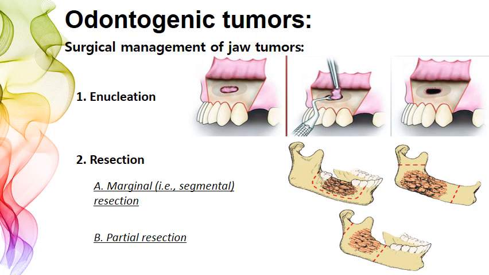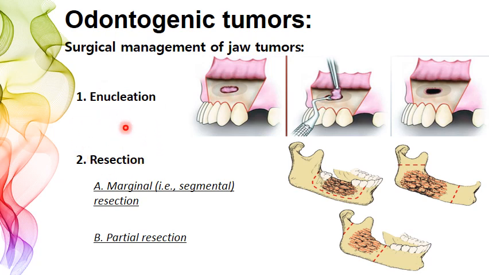We have two main modalities for surgical excision of the tumor. It is either enucleation or resection. These are the two major surgical modalities for treatment of odontogenic tumors.